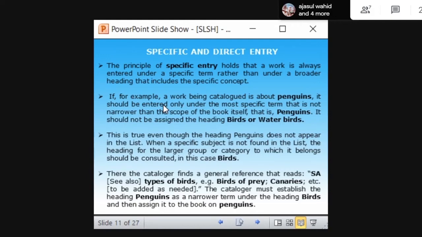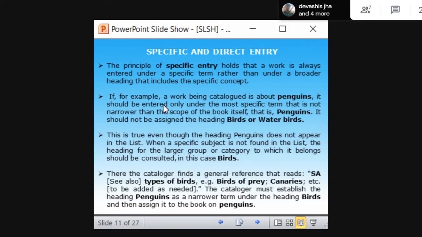It should not be assigned to birds or water birds, both of which are broader headings. The book is directly talking about penguins, so assign it directly to penguins. This is true even though the heading penguins does not appear in the list. That's the third rule we saw now.